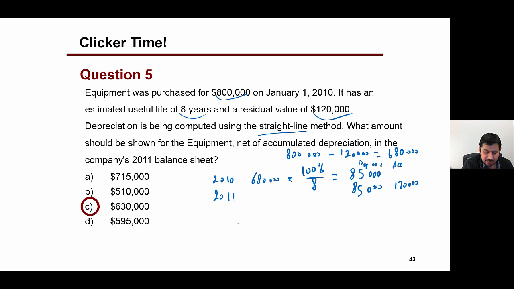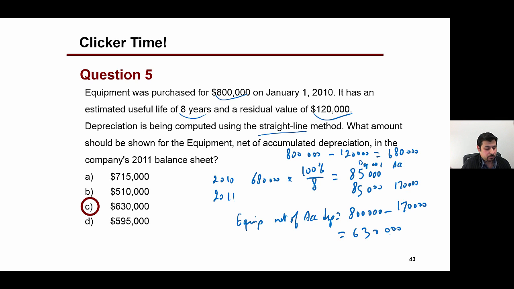So the value of equipment net of accumulated depreciation will be equal to 800,000 minus accumulated depreciation, which is equal to 630,000. This is again the book value of the equipment account.